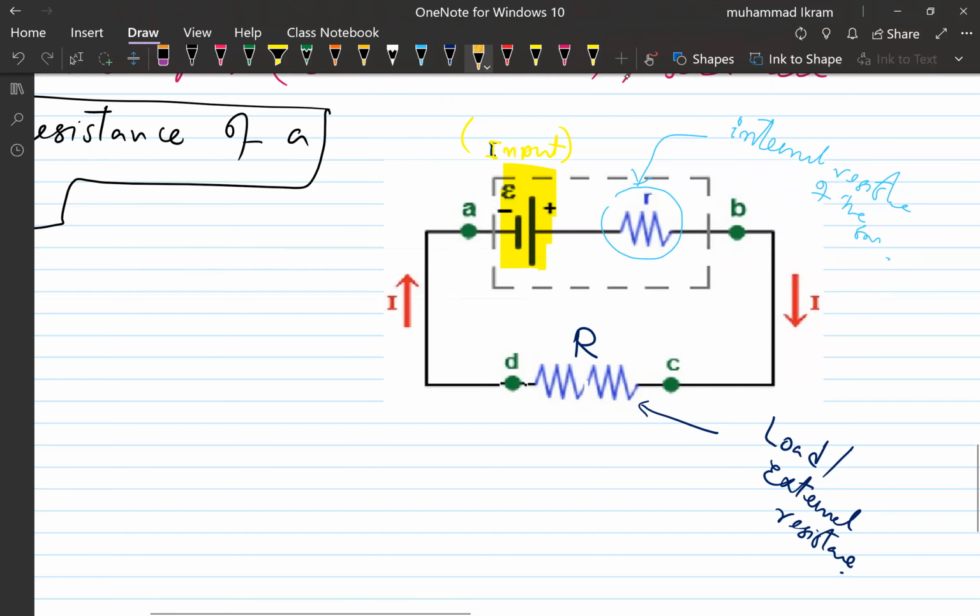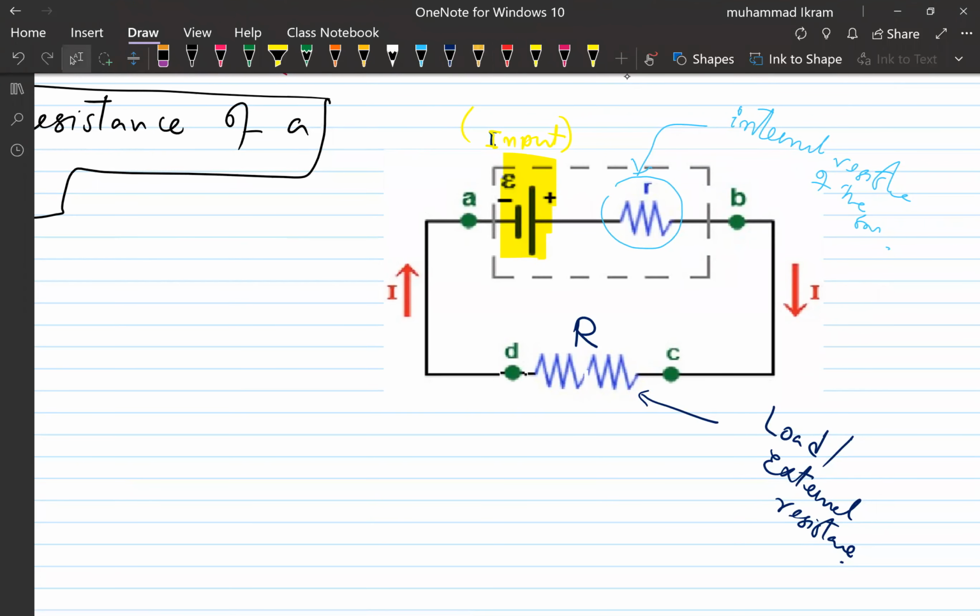Now, physics is all the game of energy, so we would like to look at where the energy can be consumed. Of course, one is this point. Some of the energy is utilized in overcoming the battery's own internal resistance. So we have a potential drop here.